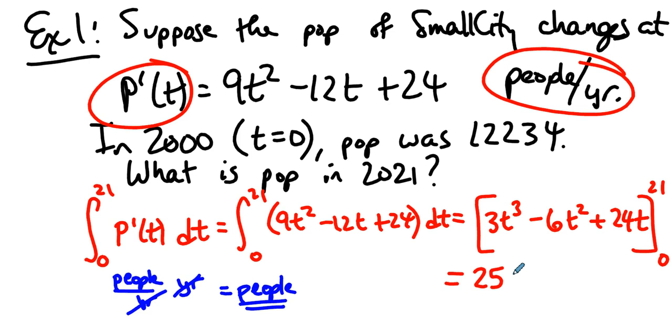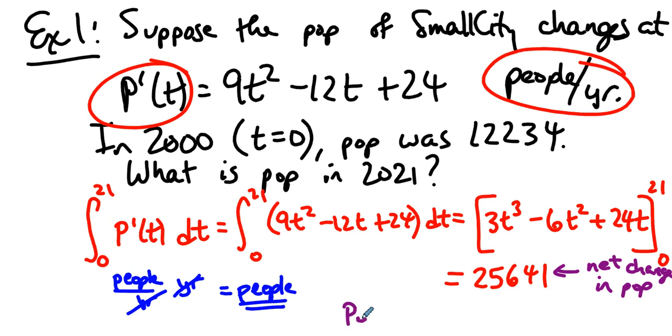We end up with 25,641. What does that mean? That means that, so let's annotate, this is the net change in the population, which means there were 25,641 more people in 2021 than there were in 2000.